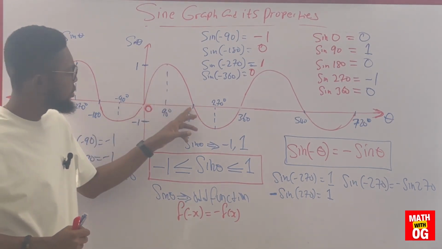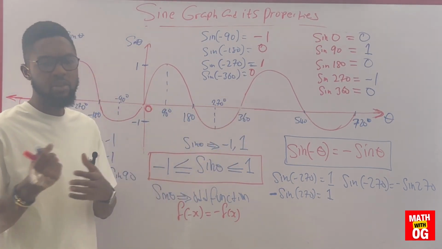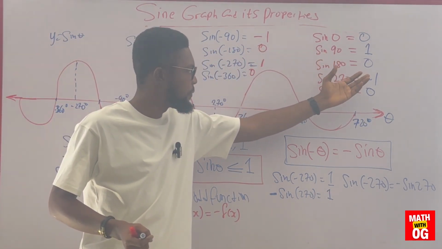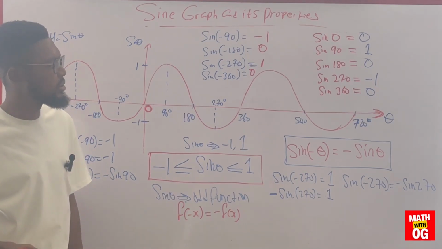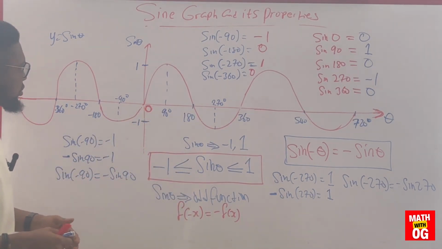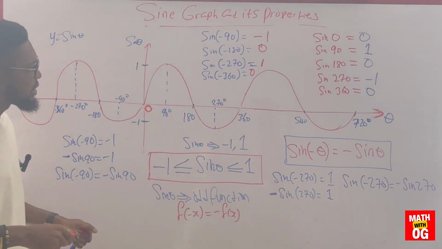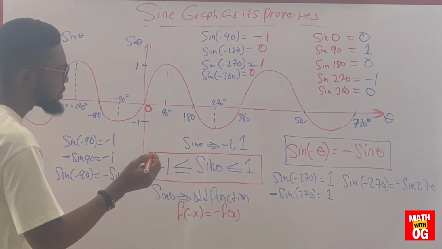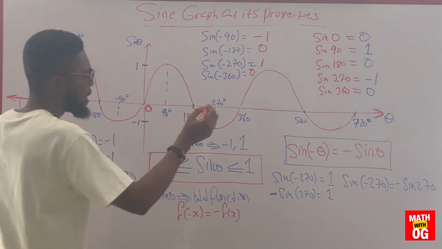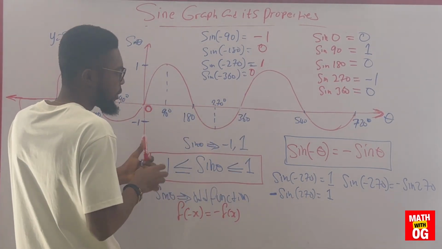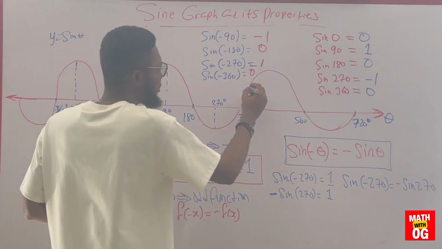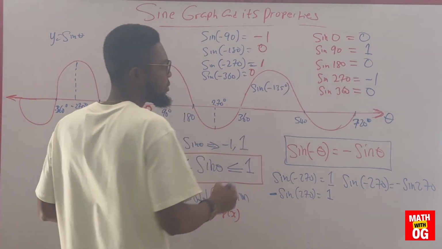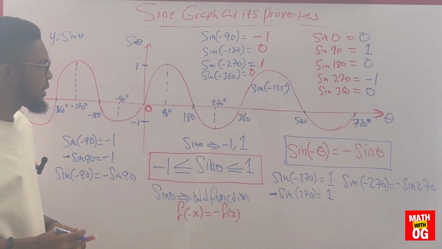So these terminal values, now you know them, in addition to your special angles: sine 0, sine 90, sine 180, sine 270, sine 360. Now, just based on what we've learned so far, let's say you come across a question like this: what is sine minus 135 degrees?